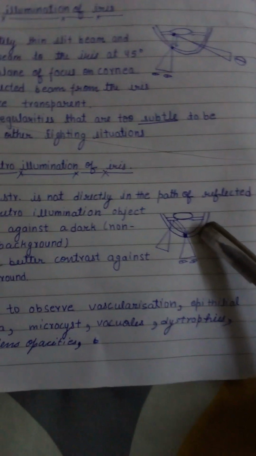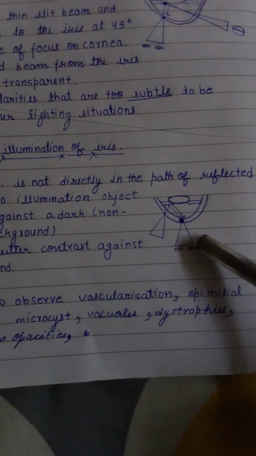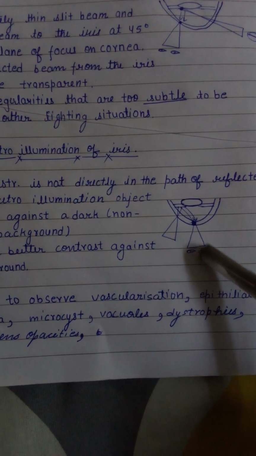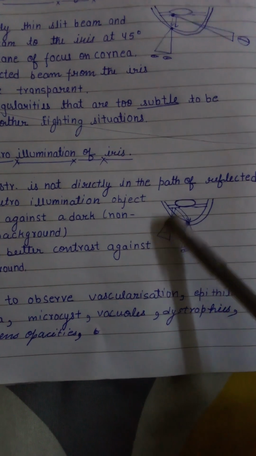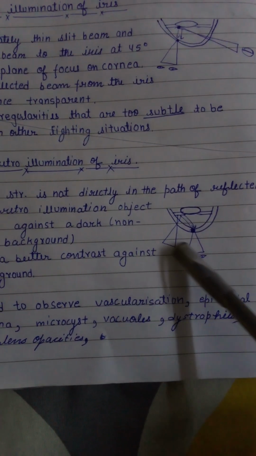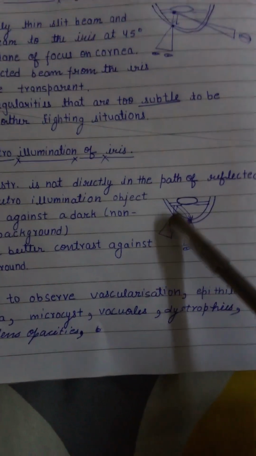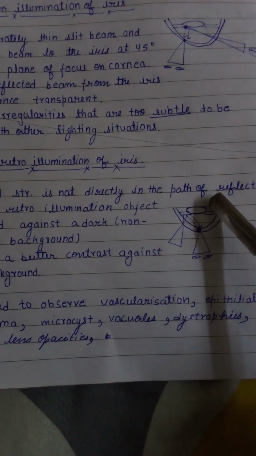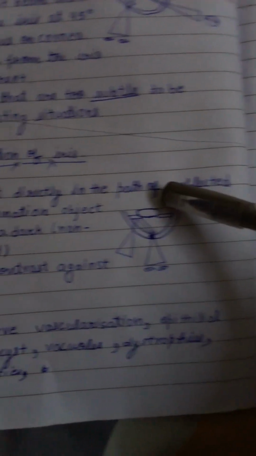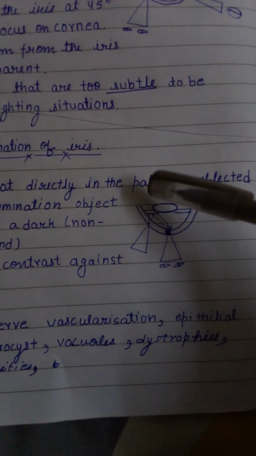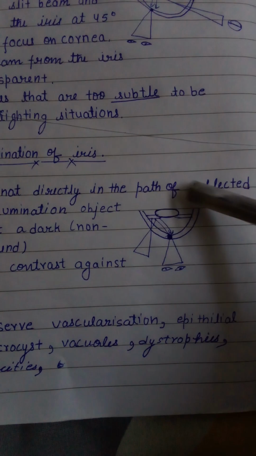This is the cornea, the lens, the ciliary body and the iris. The illumination system is present here, and we are not putting light directly onto the cornea. We put light in the iris, and from the iris the light is reflected into the cornea, and we can see the abnormality of the cornea clearly.